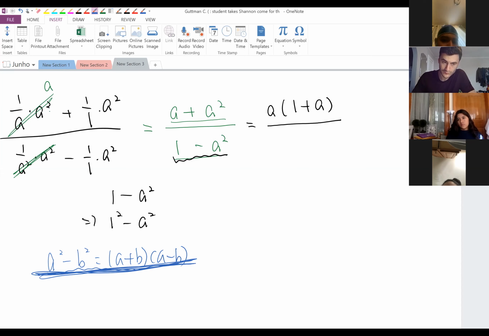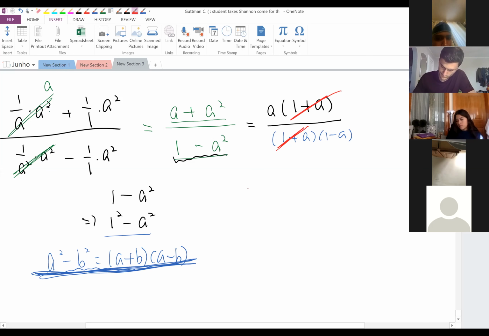Otherwise, you will have a hard time in upper level classes. So this becomes 1 plus a and 1 minus a. Therefore, we cancel out the common factor. The answer becomes a over 1 minus a. That will be our final answer for this problem.